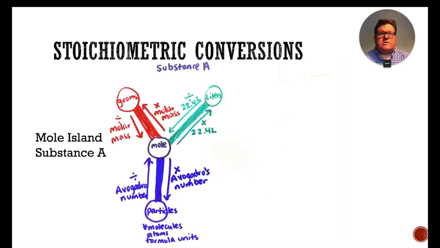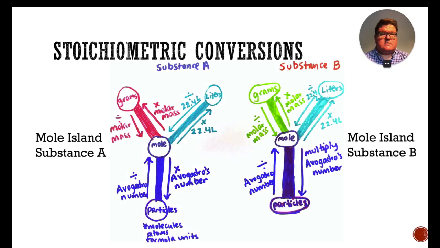We could also do this for a completely different substance. Let's call it substance B, with its own mole island. The only difference between the substance A mole island and the substance B mole island is that the molar mass would differ between the two substances because they are different. But how we use those values would be very similar.